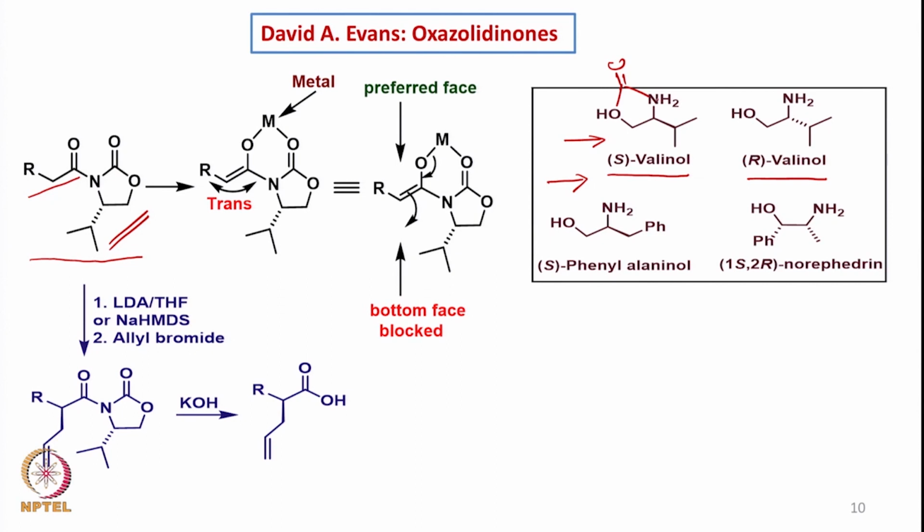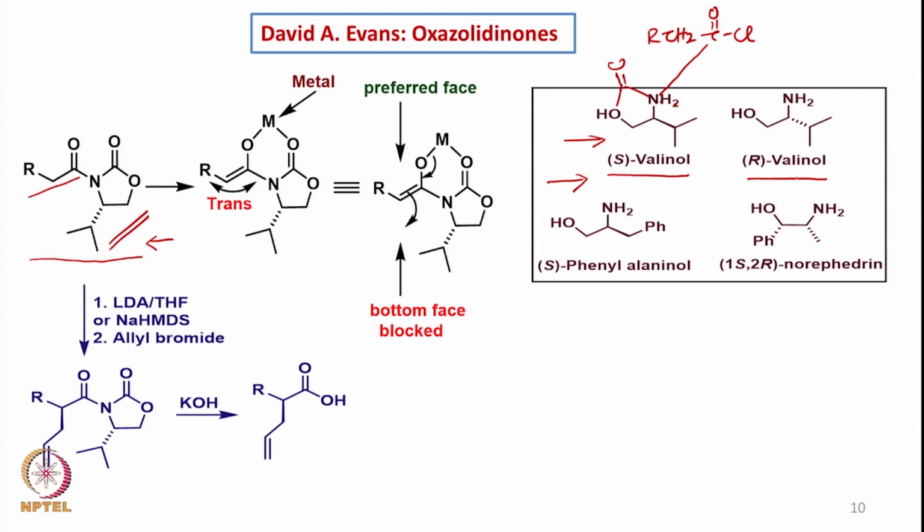From the nitrogen you can then attach, suppose we have RCH2COCl and NH here, we deprotonate, then we can make a bond between the two of them, and if we just turn it around, this is the product that is going to form. So this comes from S-valinol.